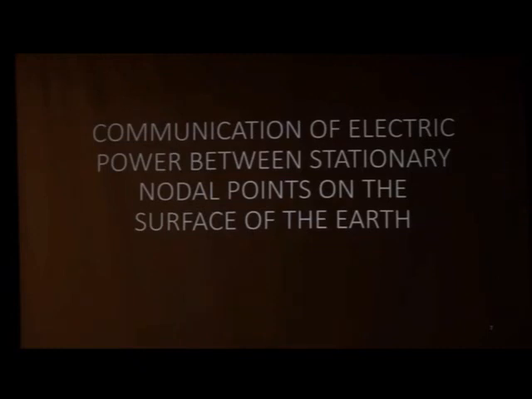That is the way that electric power is carried from one point on the surface of the Earth to another point on the surface of the Earth: through the nodal points created by a geometric stationary wave pattern, which we'll see diagrams of later, that exist inside the Earth. That gets to be a very deep subject, as we'll find out.